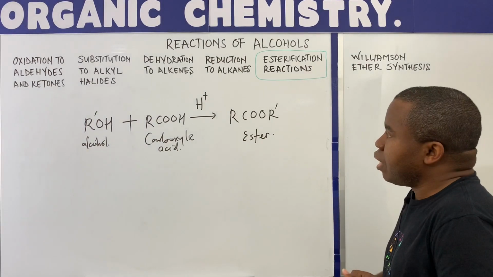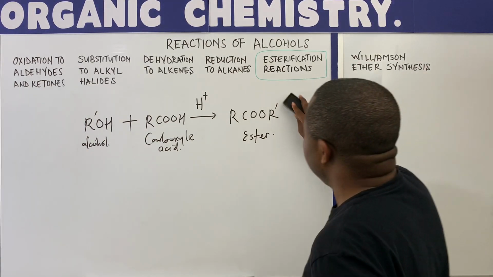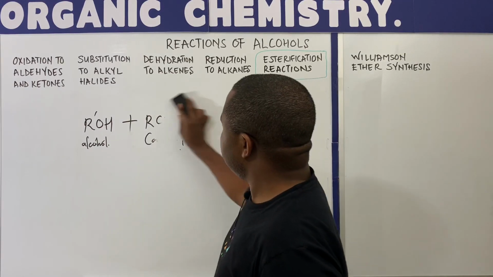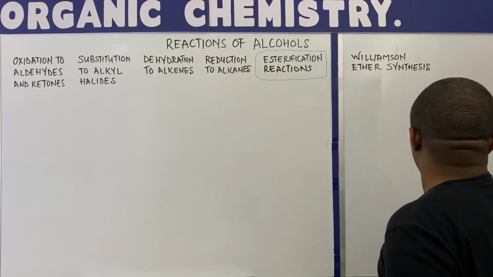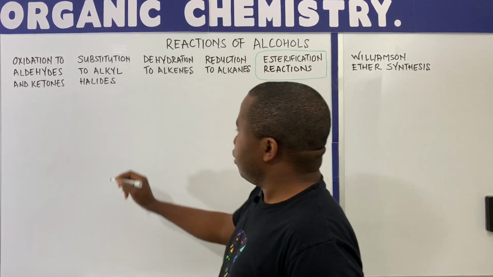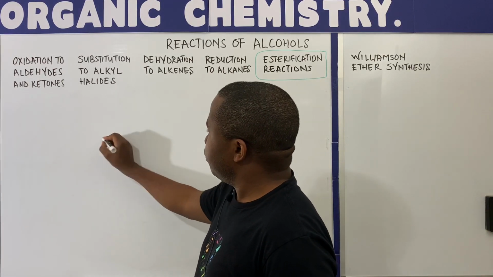So how does this happen? Let's take a look at one example. This reaction is an equilibrium reaction, and let's say we have something like this.